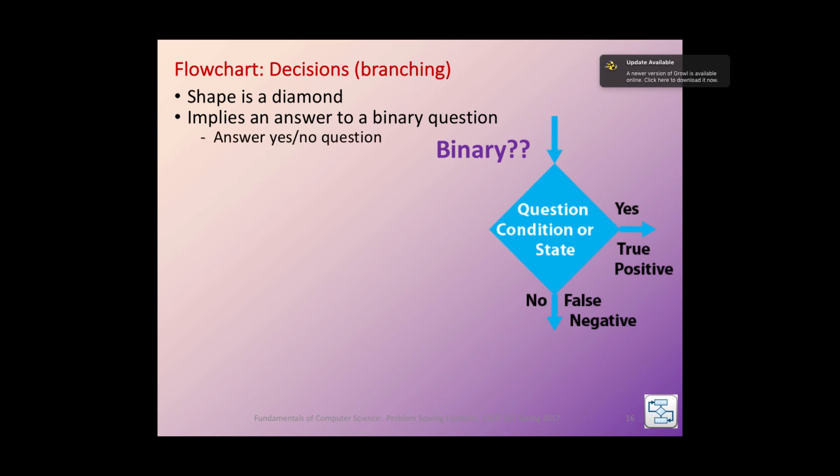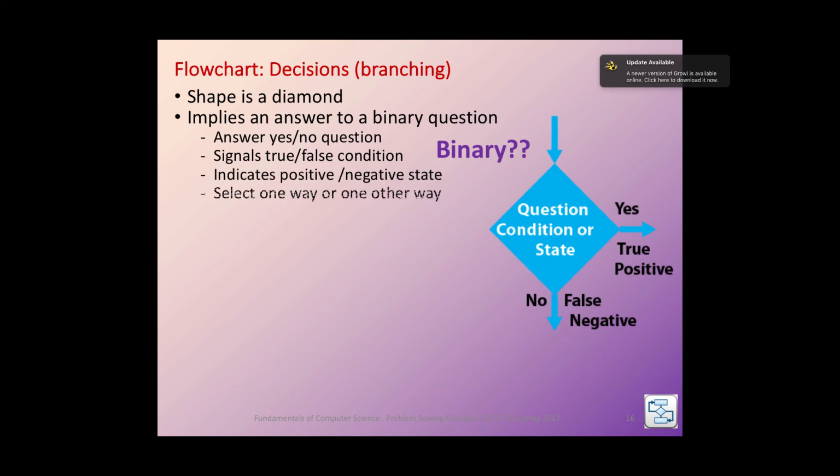Well, a binary question is one that has two possible options: yes, no, true, false, positive, negative, or selecting one way or the other. There's only two options that are given as allowed answers to the question.